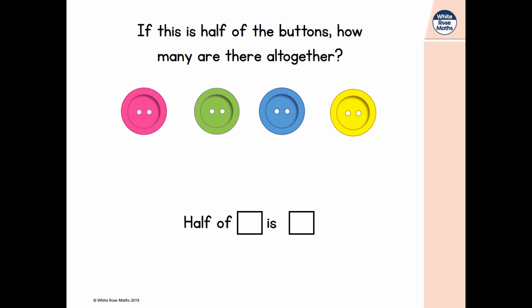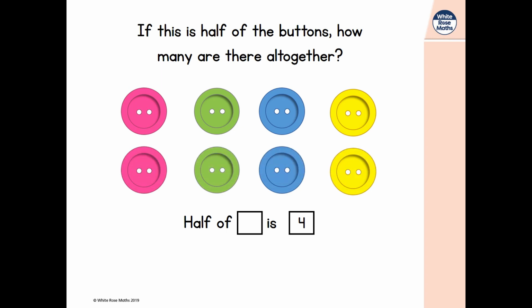So I don't know how many there are altogether, but I do know that half of an amount is 4 buttons. So how many are there altogether? Right. This would be the total amount. So half of all of them, 8, is 4. That was interesting.